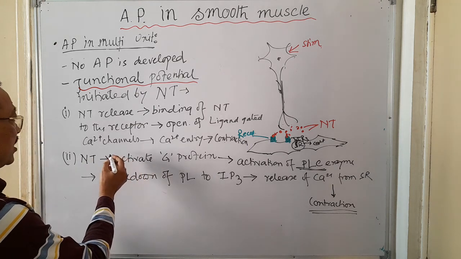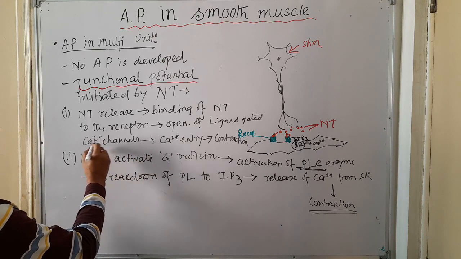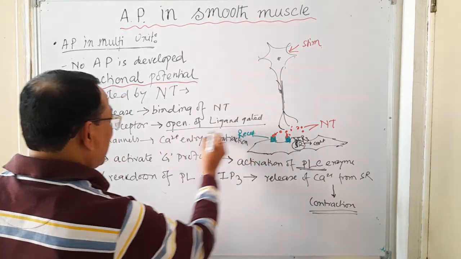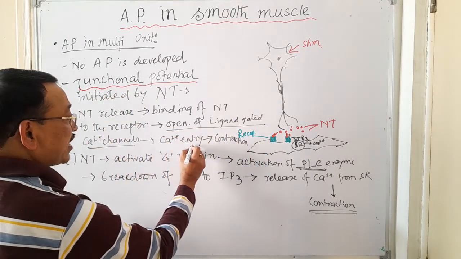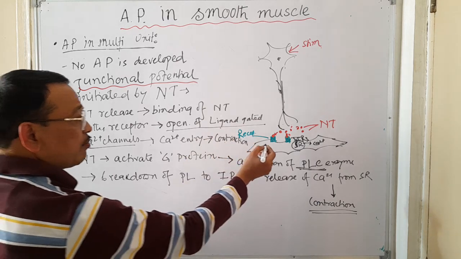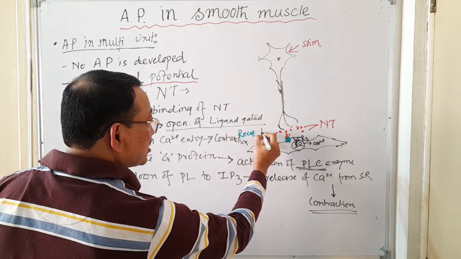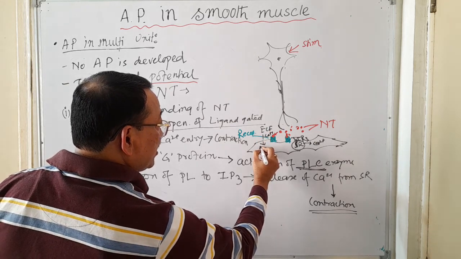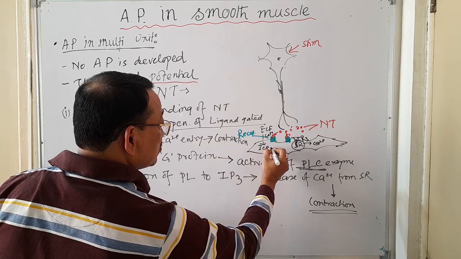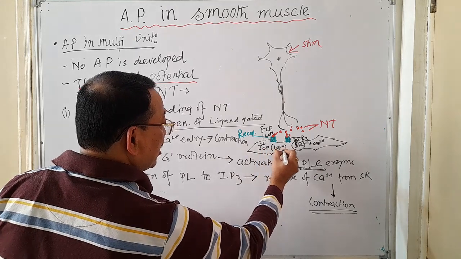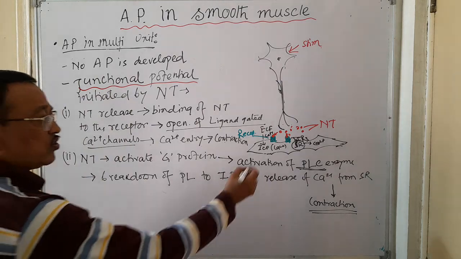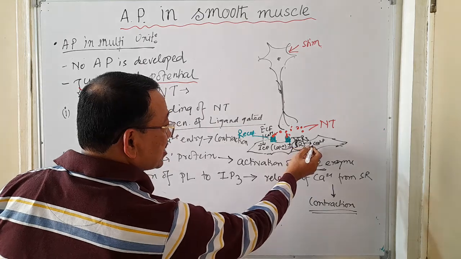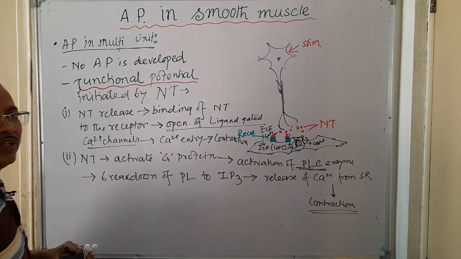Now here one thing is also important. As I told, opening of the ligand-gated calcium channels results in calcium entry. So calcium ion will enter directly from the extracellular surface to the inside of the cells. Now this calcium ion will also help to trigger the calcium release from the sarcoplasmic reticulum.